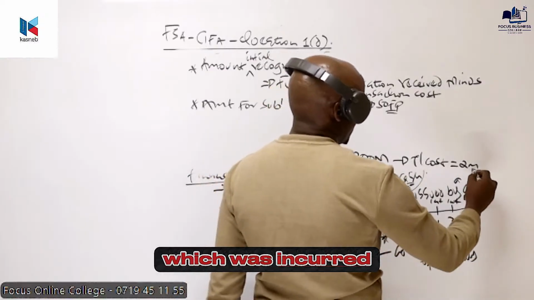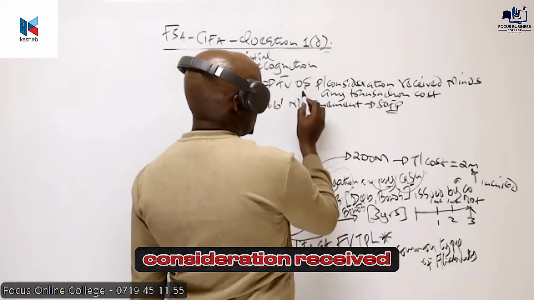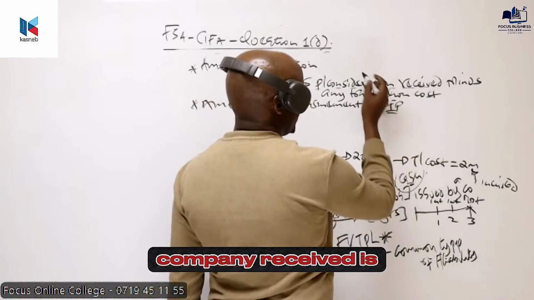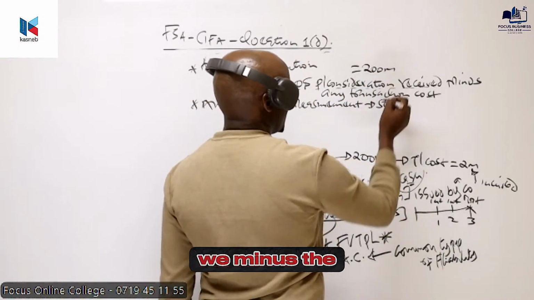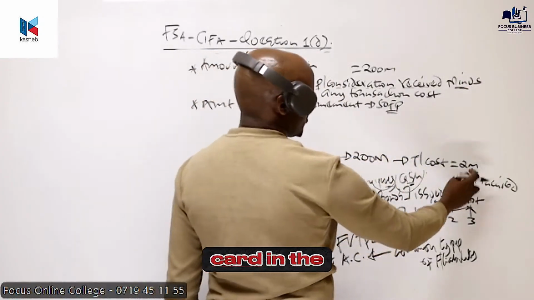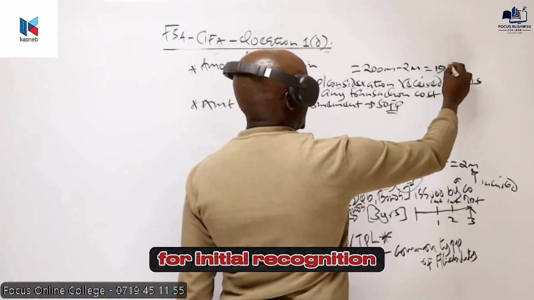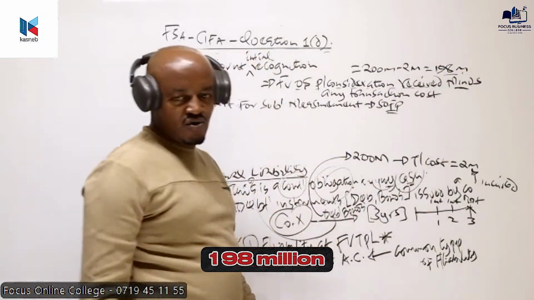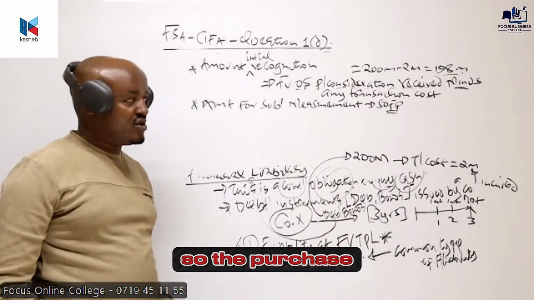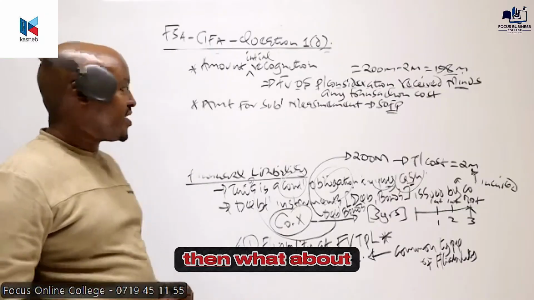So the amount for initial recognition will be equal to the fair value of purchase consideration received. The amount the company received is 200 million. We minus the transaction cost, which is the cost incurred in the issue, 2 million. So the amount for initial recognition, therefore, will be 198 million. So the purchase consideration received minus any transaction cost.